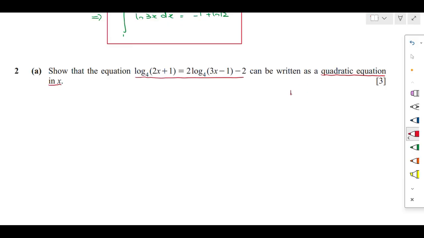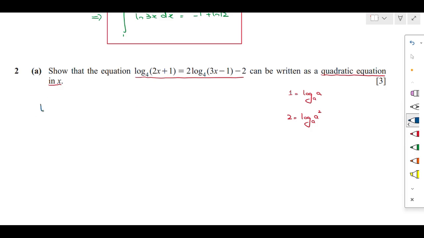Okay, so as we know, 1 is always equal to log a of a. So if I have 2, that is equal to log a with its power being 2, right? Now we need to make the base 4. So how do we do this?